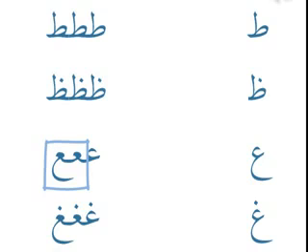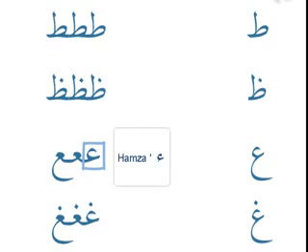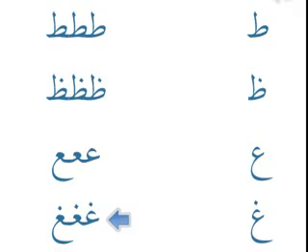So you must just try to memorize what they look like. And you'll see on the end of the letter it's still got the big curve, but the top of the letter changes. Now, one thing to be aware of, you can confuse the first beginning Ain with a Hamza. However, Hamza will never join directly itself to the next letter. Again, the Ghain, just look for the single dot above.